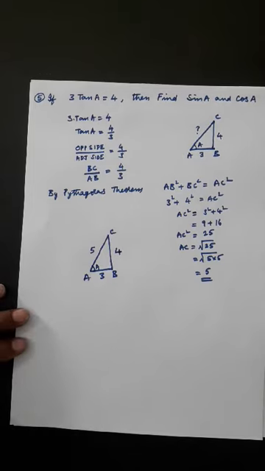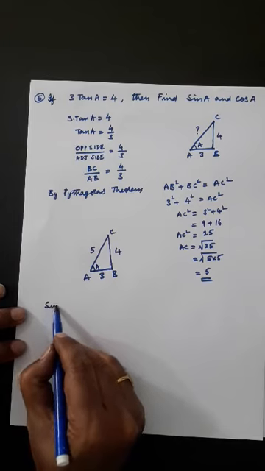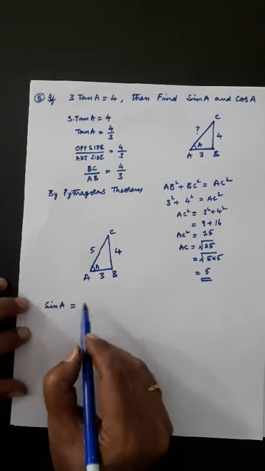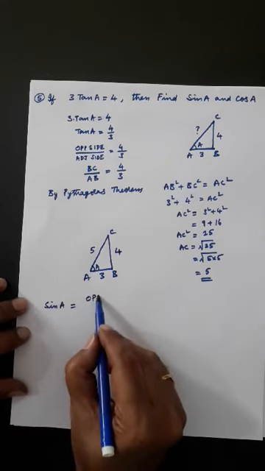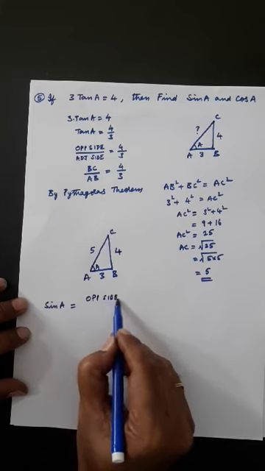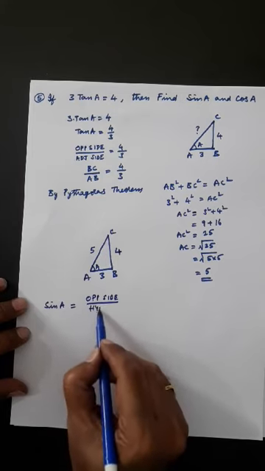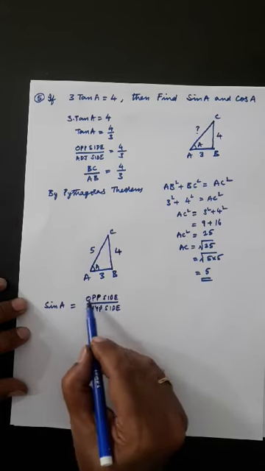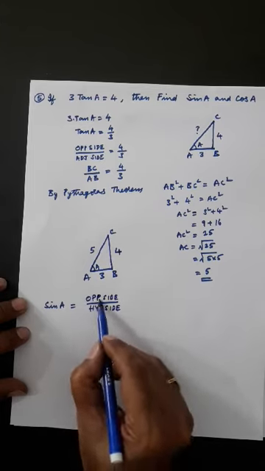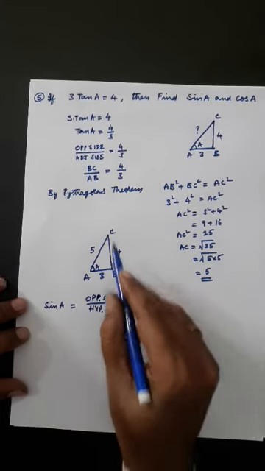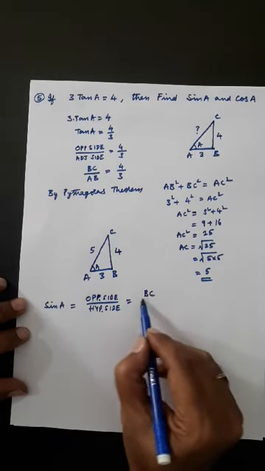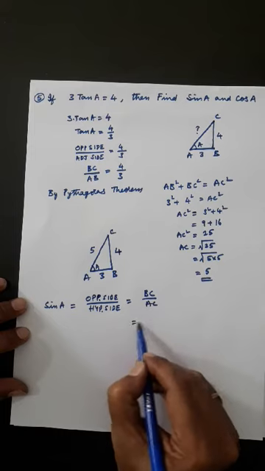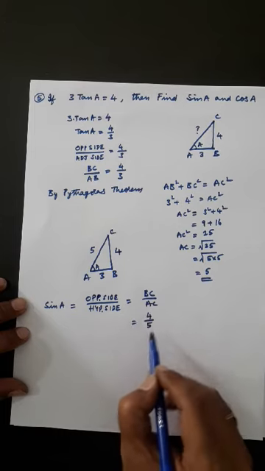Sin A and cos A. Sin A equal to opposite side by hypotenuse. Okay, I'm writing in short form as opposite side and hypotenuse side. Opposite side is BC, hypotenuse side is AC. So which is nothing but 4 by 5.